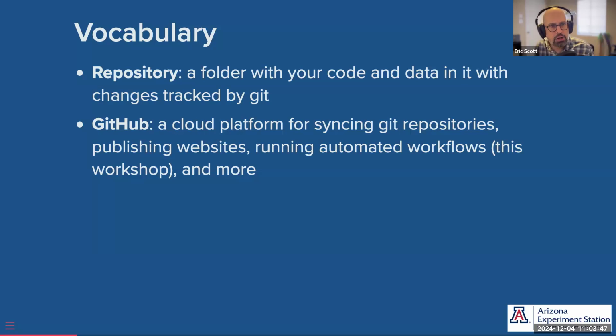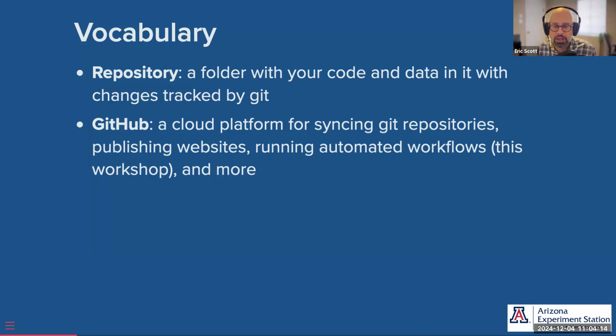Okay. A little bit of vocabulary. I'm not sure if everyone here is a regular Git and GitHub user. I'm assuming not everyone is, and this workshop was built with those folks in mind. We're not going to be working with Git today, or really GitHub that much in terms of changing code or things like that. So a little bit of background, just some terms that I'm going to use unavoidably.